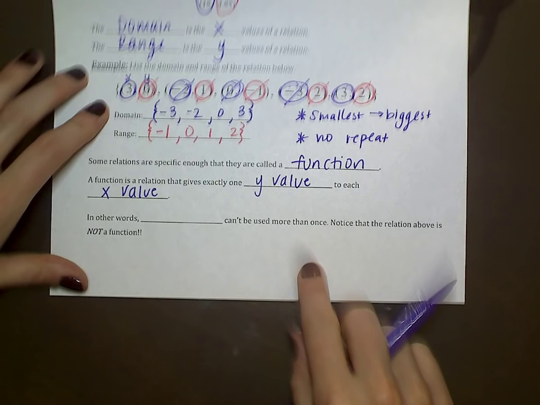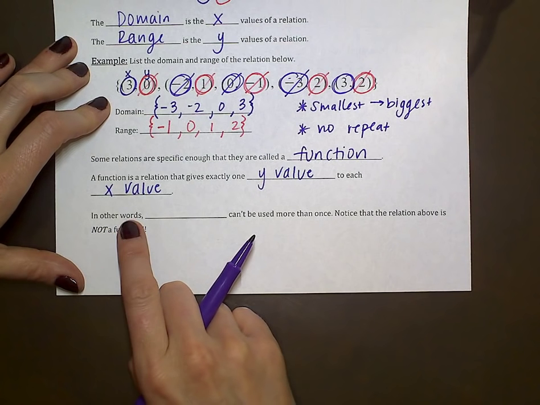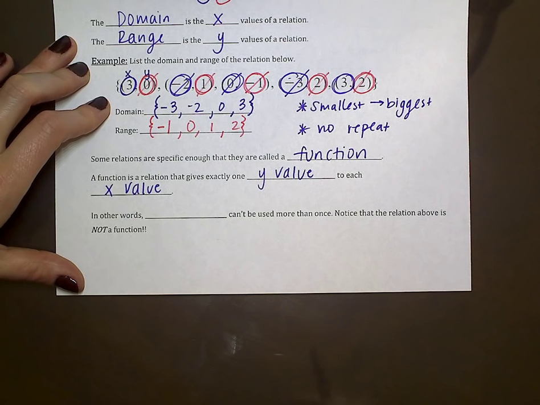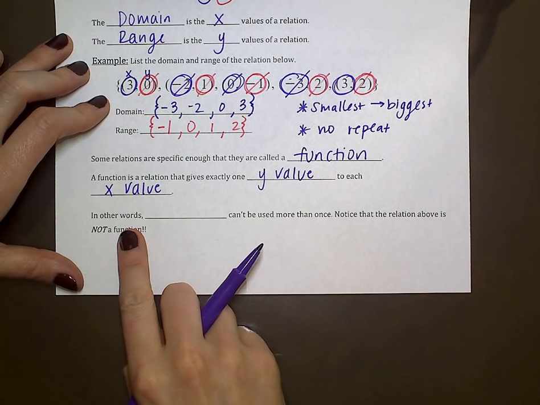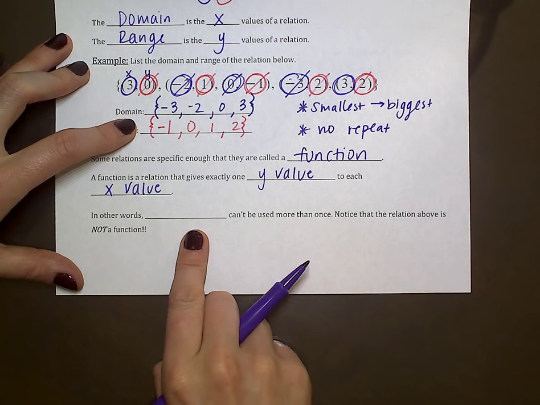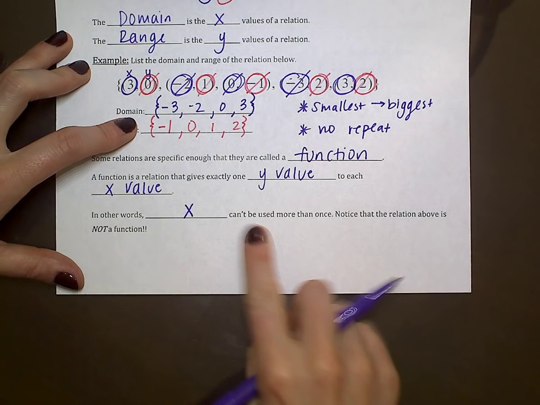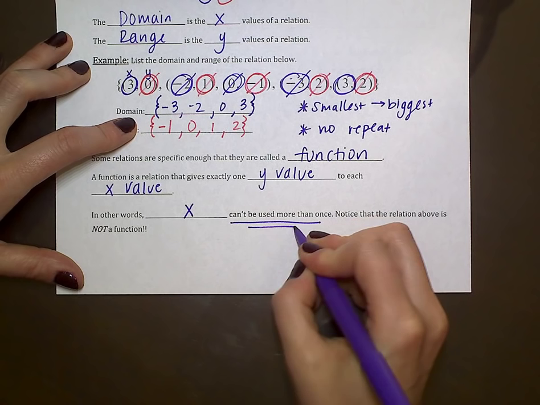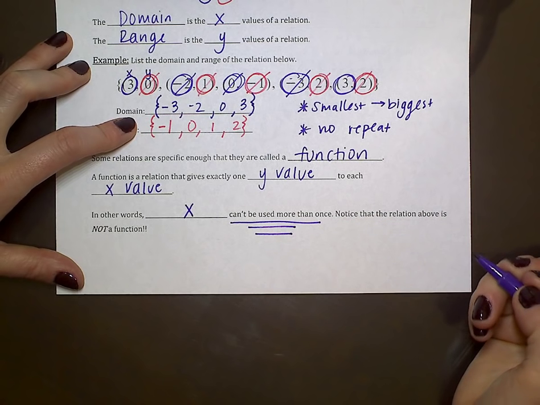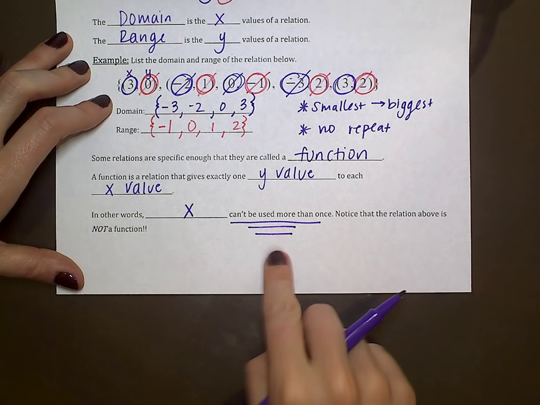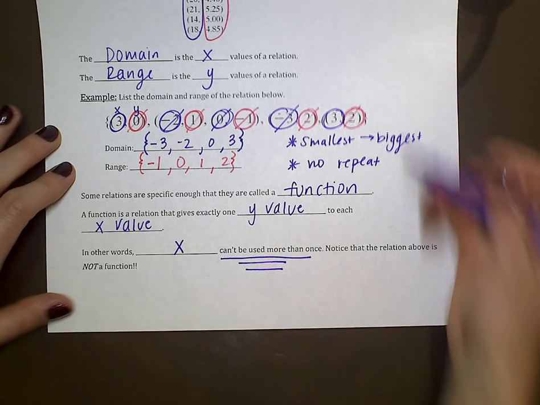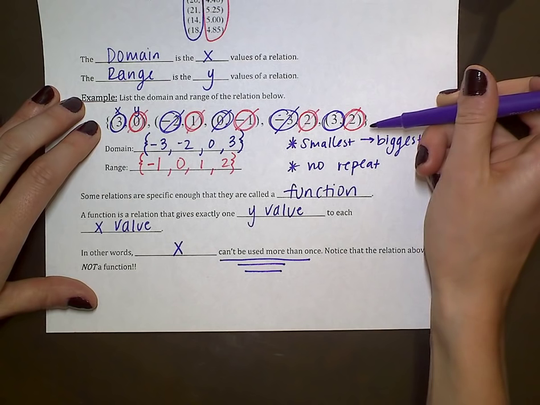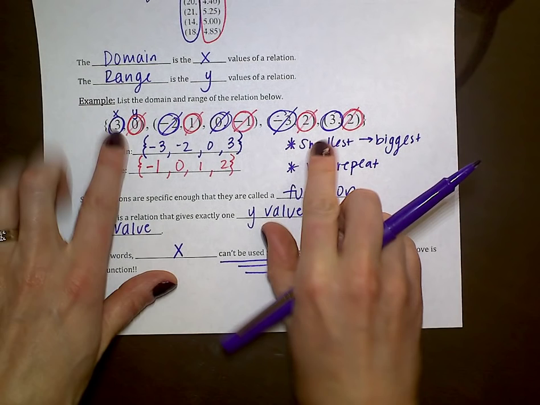Okay. In other words, and I know that's a little hard to wrap your mind around at first, but if you're asked if something is a function, you basically just need to know that x cannot be used more than once. So you just need to see if x repeats, it's not a function. Notice that in this example, this was not a function either because 3 was repeated.